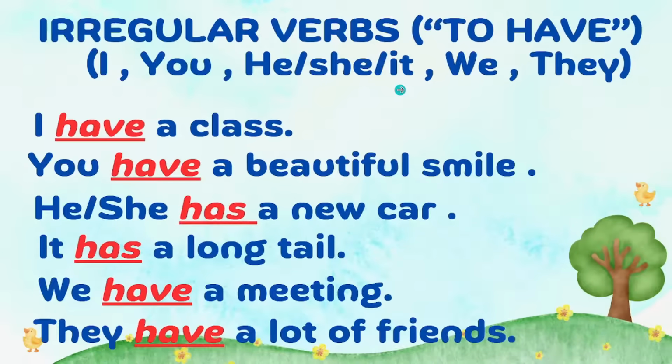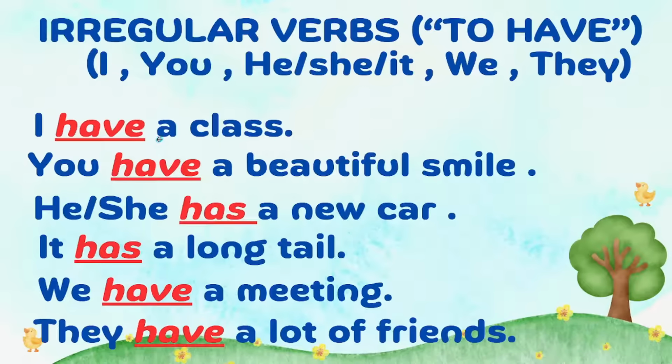Now, for the irregular verb to have, "has" is used. She has. He has. It has. And for the rest, you use "have."